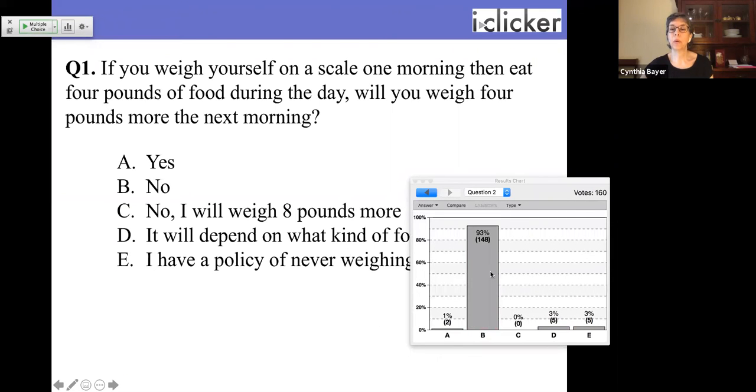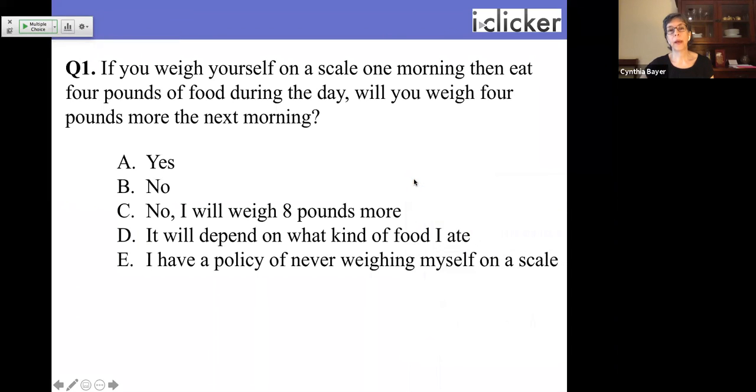And the answer is no, you will not weigh 4 more pounds the next day. And the reason for that is that only a small portion of the atoms and molecules in the food that you take in will be incorporated into molecules in your cells, right?